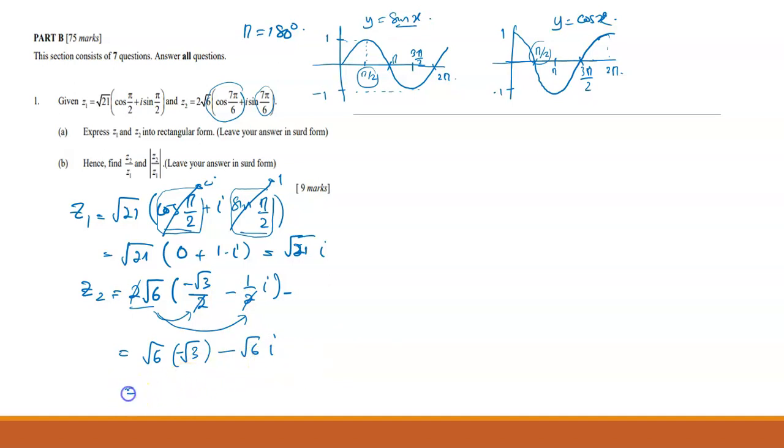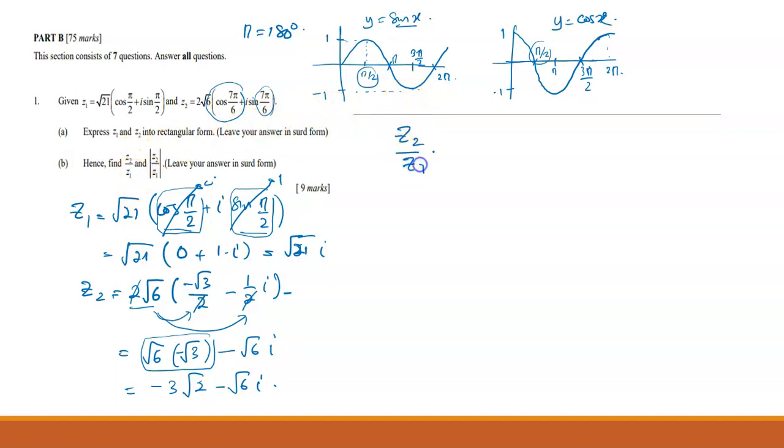So simplify this, it's going to give you negative 3 square root of 2 minus square root of 6 i. So now find Z2 divided by Z1.